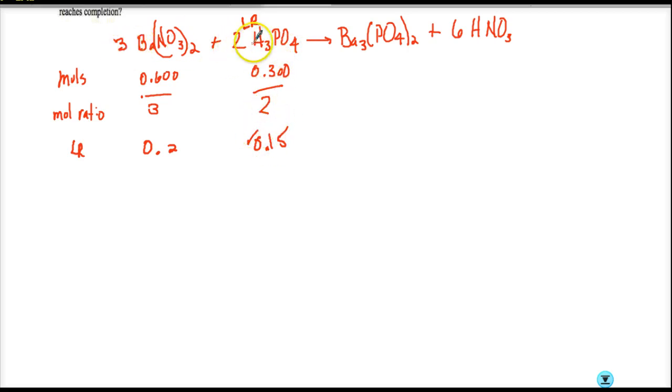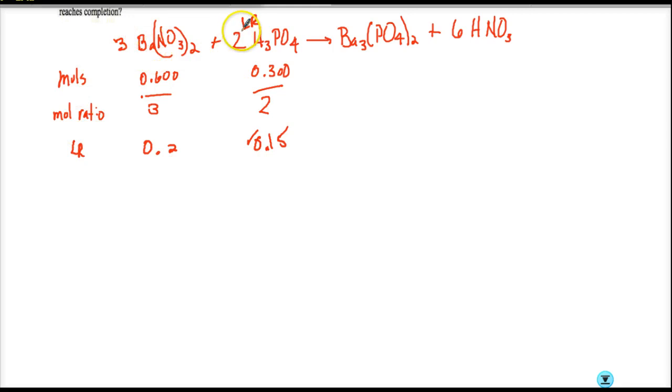It's the 3 to 2 ratio, the ratio divided by the amount that we're given. For every 3 moles of this, I need 2 moles of this to produce 1 mole of this and 6 moles of this. Well, we don't have just the plain numbers, so we make that adjustment.